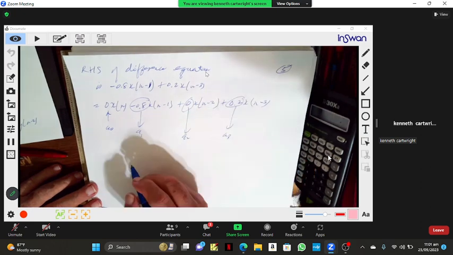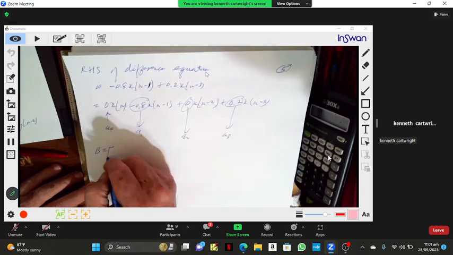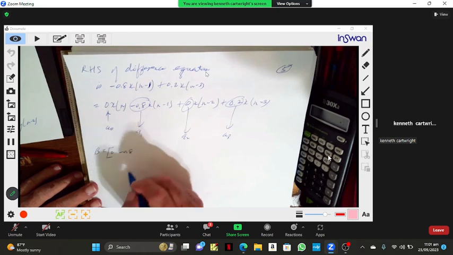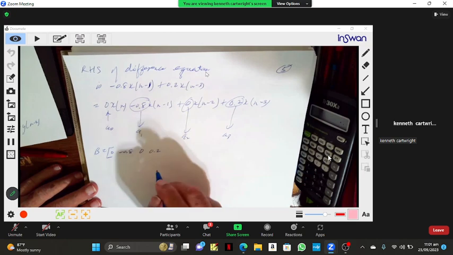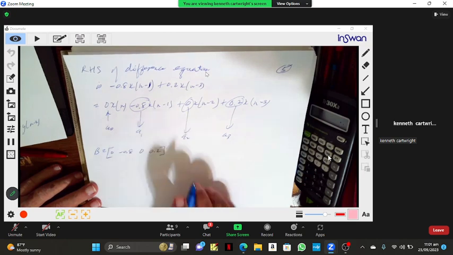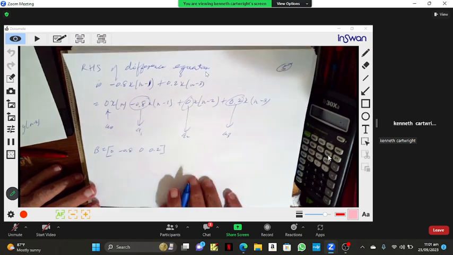So the B vector is 0, negative 0.8, 0, 0.2. Any questions about that?